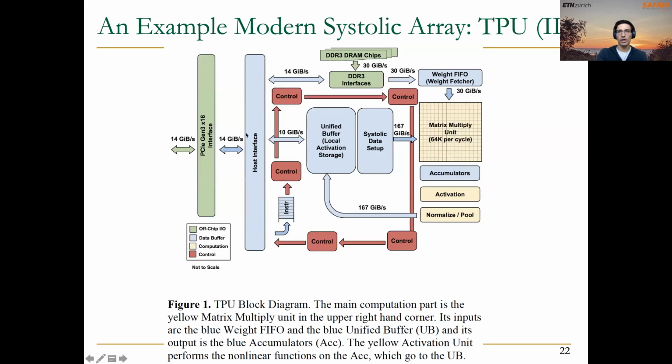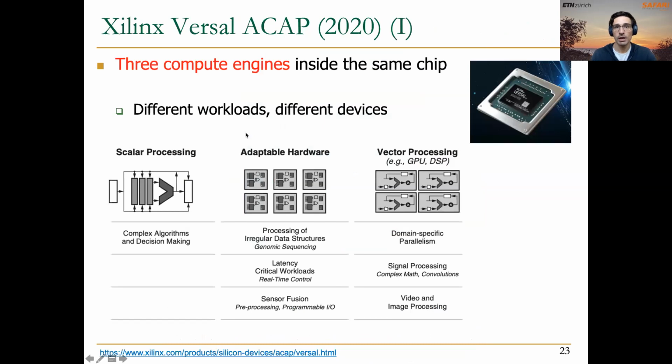So this is one more example of a heterogeneous device, but even inside the same chip, we can also find pretty interesting examples, like for example, this Xilinx Versal ACAP from 2020 that has different types of devices inside the same chip, because the designers know that it's important to have the right devices for the right workloads.